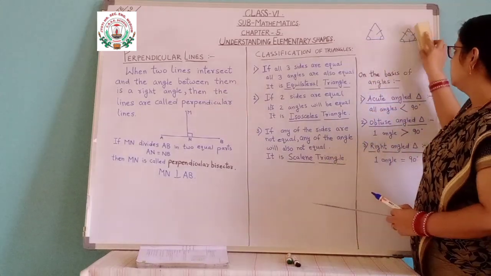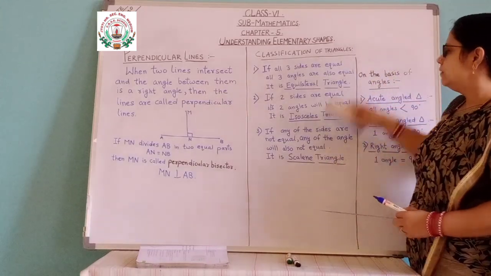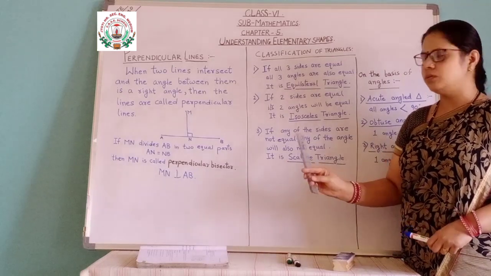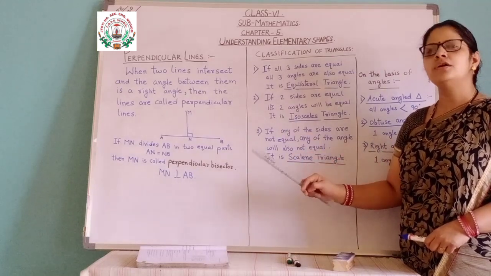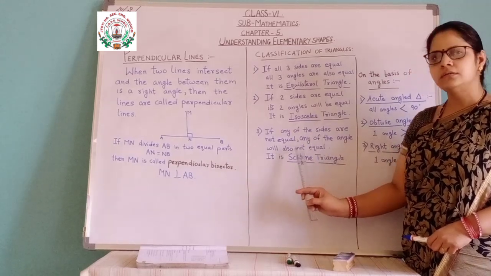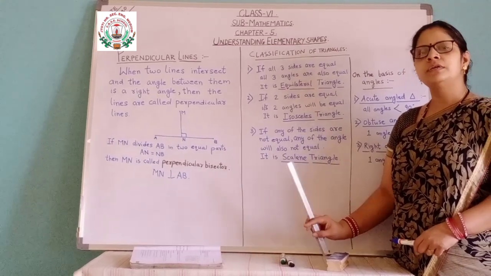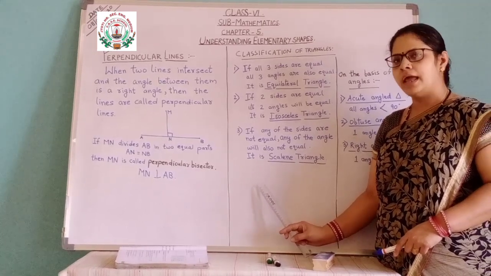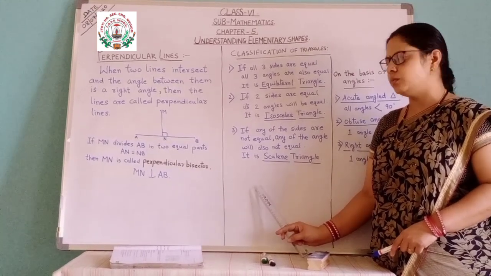And the third one is the scalene triangle. If any of the sides is not equal to one another, out of three, then that type of triangle is called a scalene triangle. If any of the sides is not equal, definitely their angles will also not be equal.